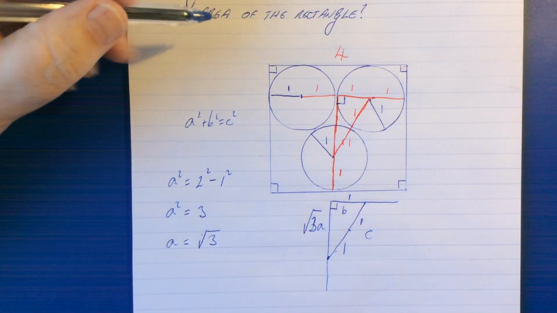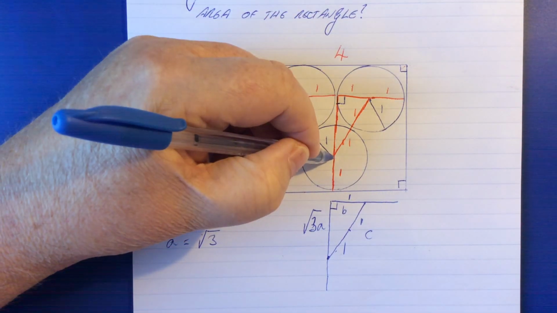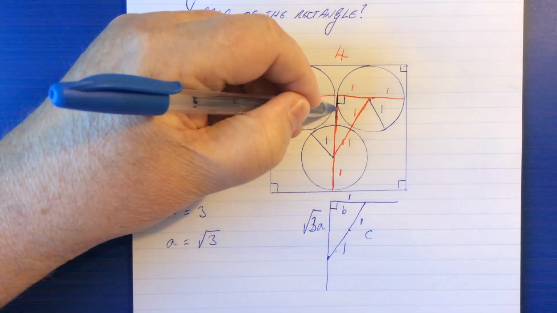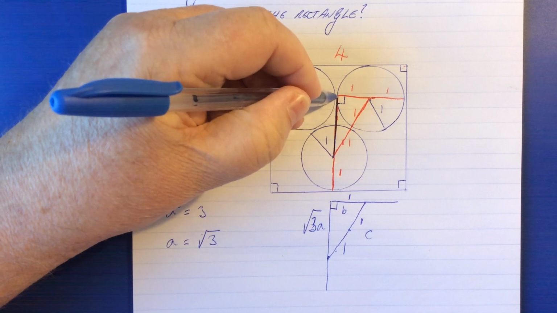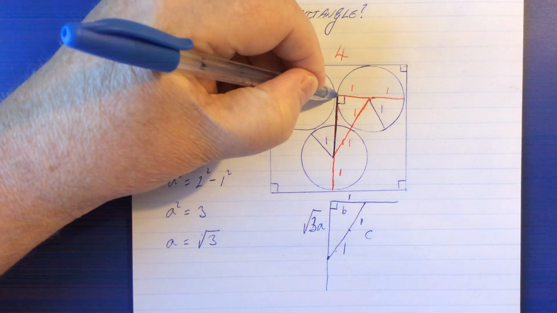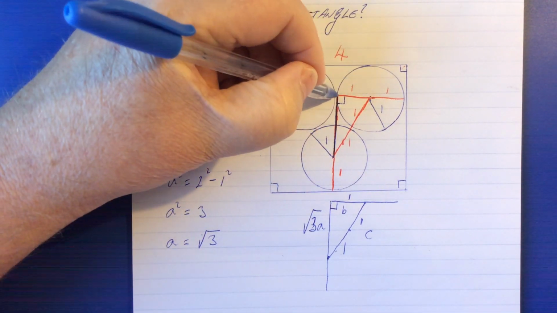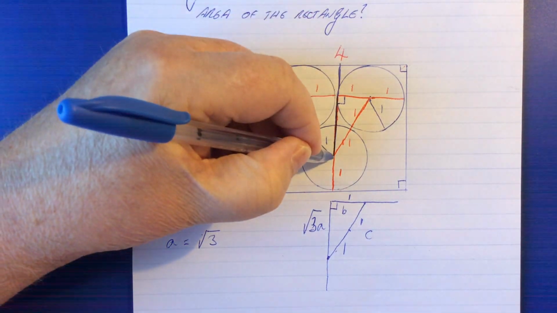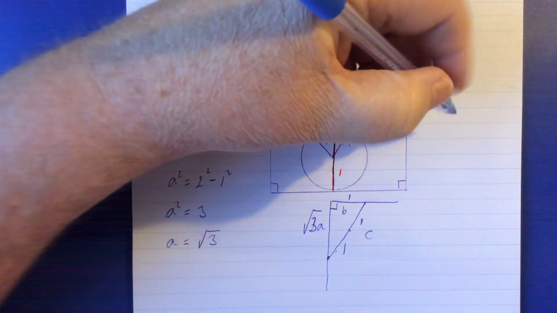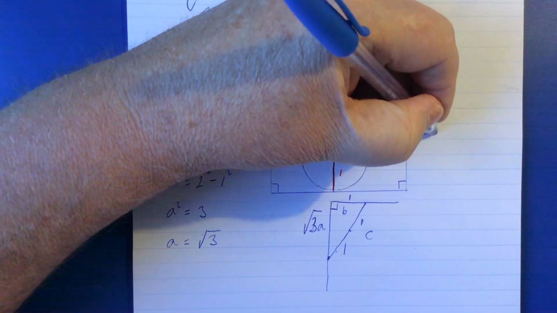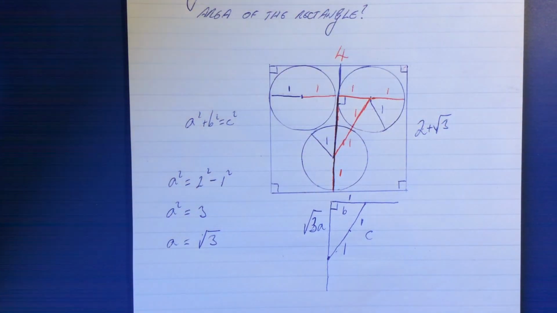Just let me write that in there. Now, going back up to this, the square root of 3 fits in here. We know that that distance is 1, and we know that this distance is 1. So this is 2 plus the square root of 3.